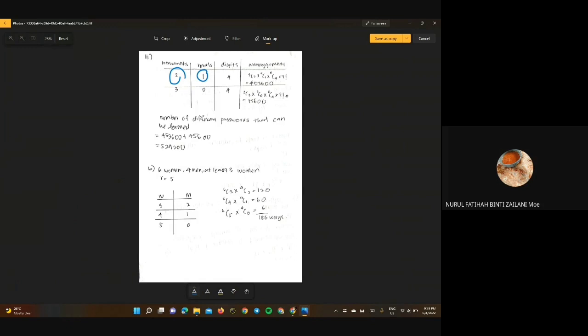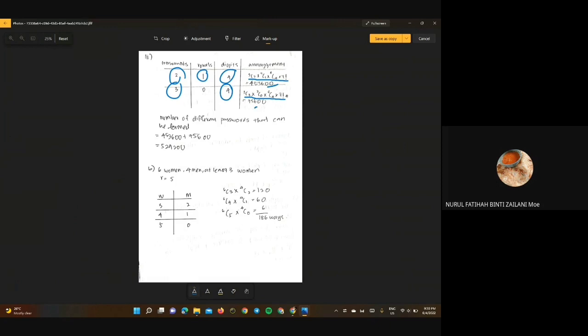So the calculation should be 3C2 times 2C1 times 6C4 times 7 factorial. And the answer is 453,600. For the next case, we take 3 consonants and 4 digits only. The calculation is 3C3 times 2C0 times 6C4 times 7 factorial.